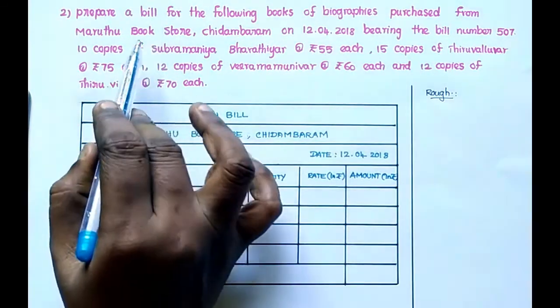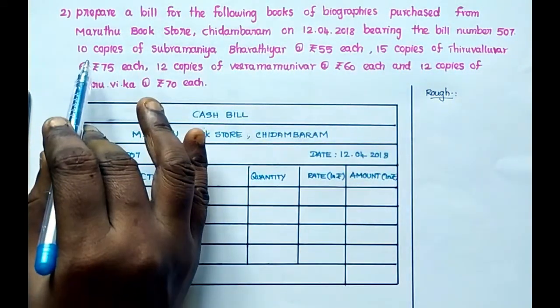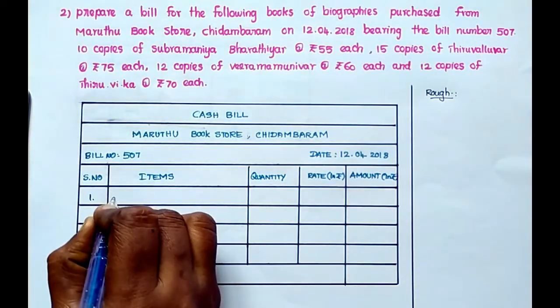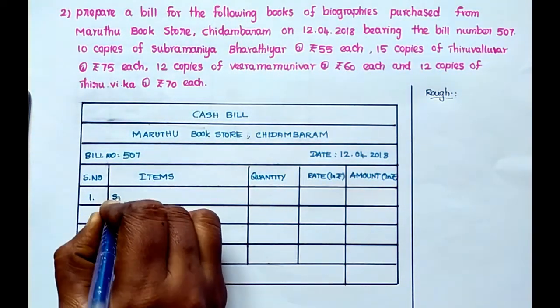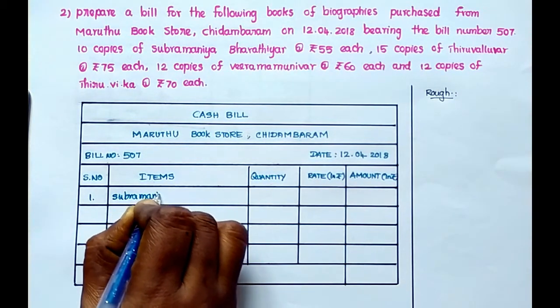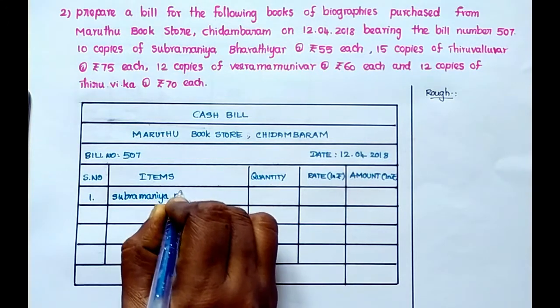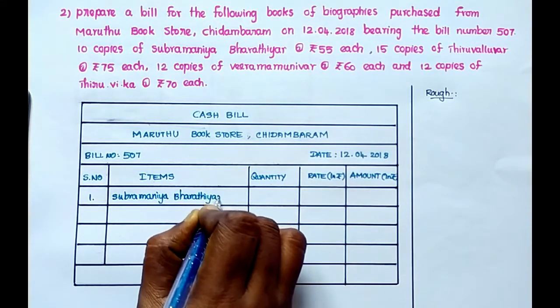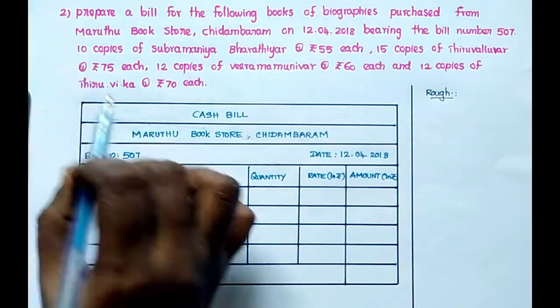Listen here. First, 10 copies of Subramanya Bharatiyar. First one, Subramanya Bharatiyar. How many copies? 10 copies.